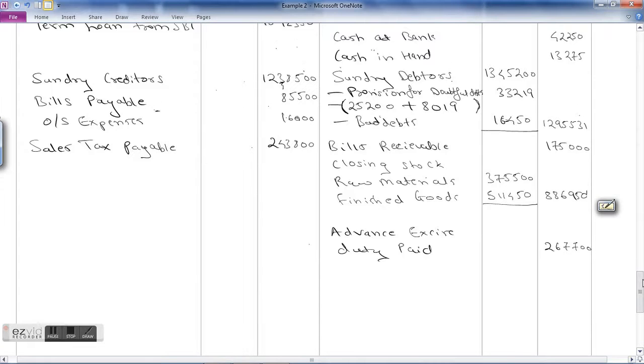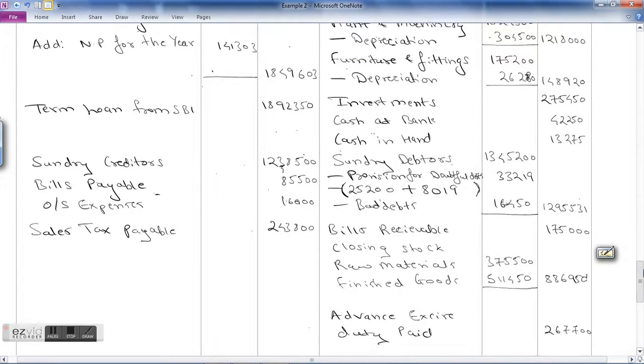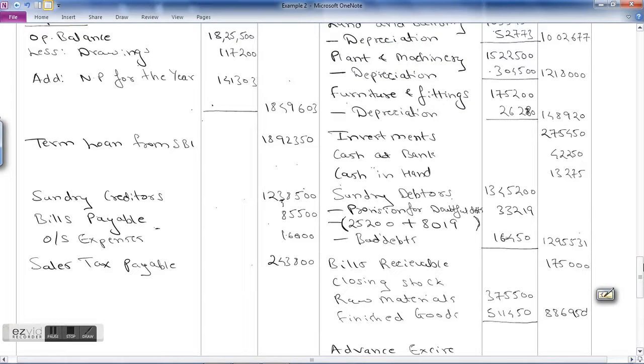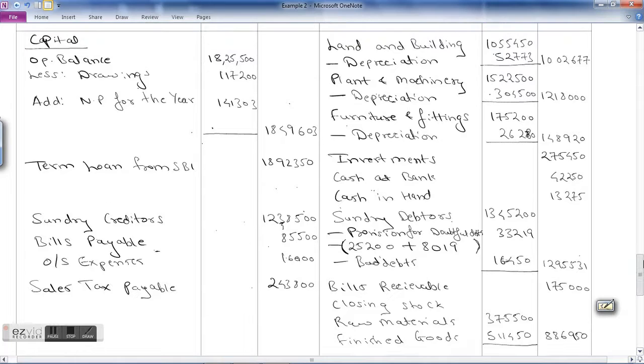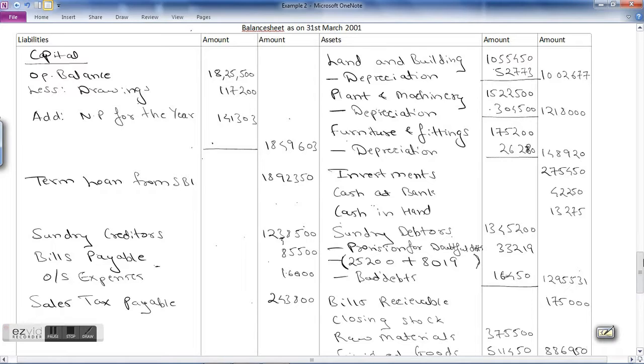Now there was an error in writing the cash at bank balance. It was written as 45,250. Now I have corrected it to 42,250.